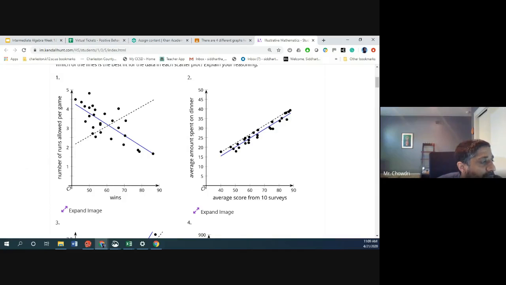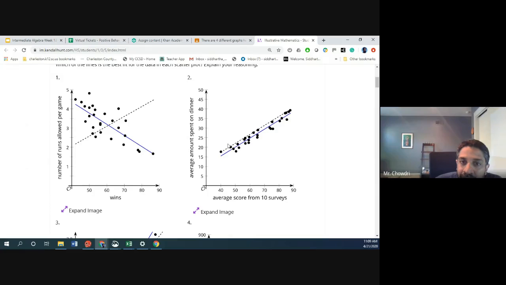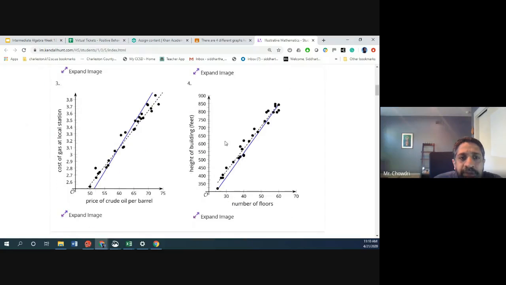That's true. So the question in deciding which one is a better line is which line is closer to more dots? The solid line. Yeah, I would say the solid line. So even though they have the same slope and they both, I think you're correct, map this relationship pretty well, the solid line is closer to more of the dots. They have the same slope, but this one is kind of in between. This dash line is only close to the ones at the top. So that's clear. Then we go to this one.